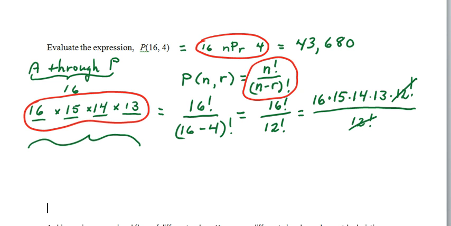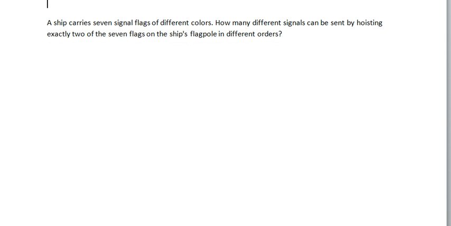In the second problem, we are told that a ship carries 7 signal flags of different colors. How many different signals can be sent by hoisting exactly 2 of the 7 flags in different orders?